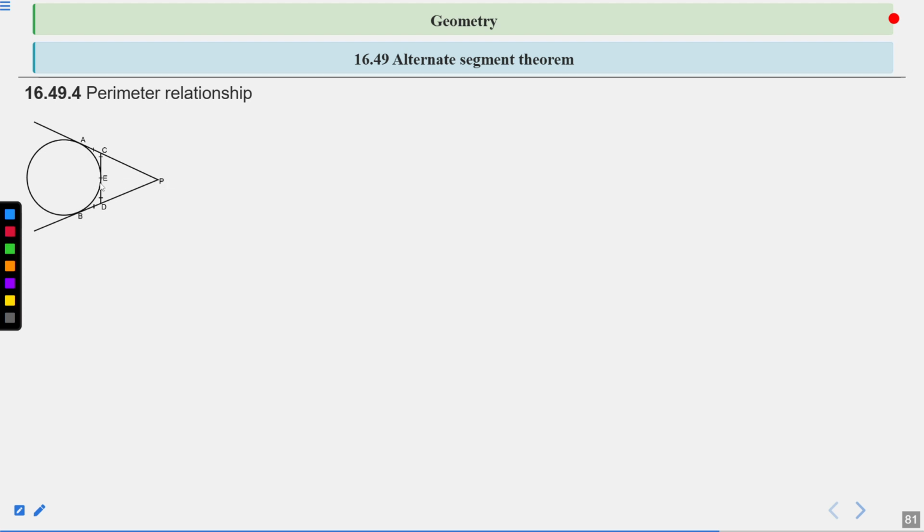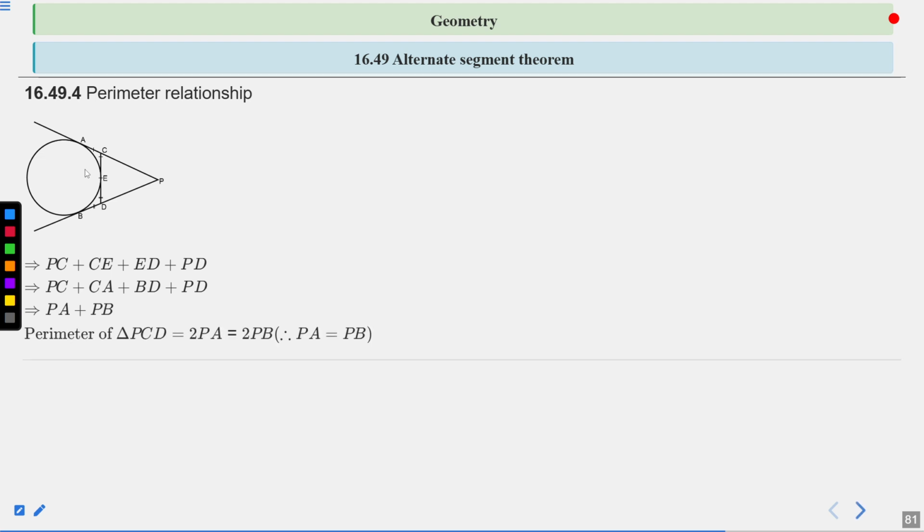So we can say that PC plus CE plus ED plus PD, when simplified, gives PC plus CA plus BD plus PD, or PA plus PB. So the perimeter of triangle PCD equals 2 times PA, or 2 times PB, because PA is always equal to PB. Next one.